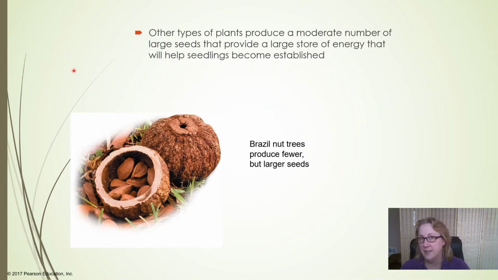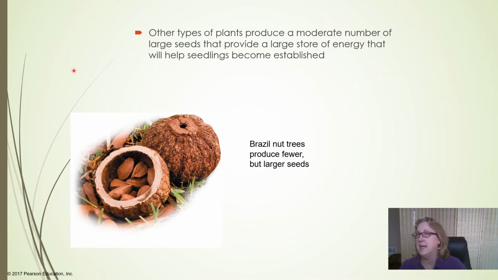Other types of plants have high provision of their offspring with nutrients. Nuts are large seeds. Coconuts are the largest seeds. So there's a high amount of parental investment in the offspring. They cannot produce as many seeds as a dandelion because they're putting so many nutrients into each seed.